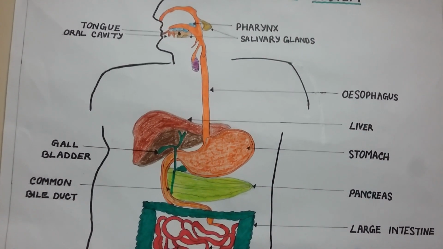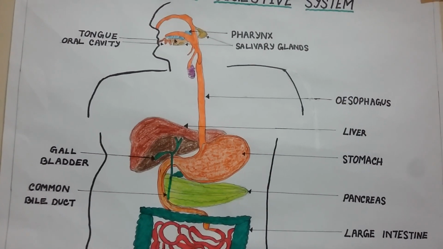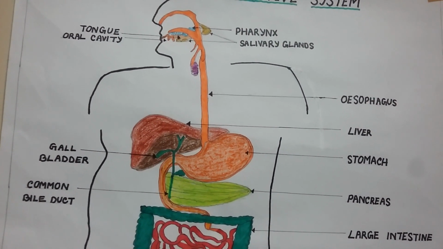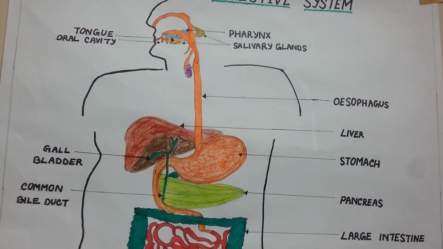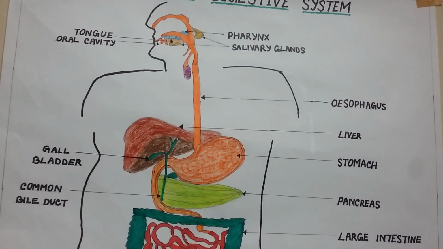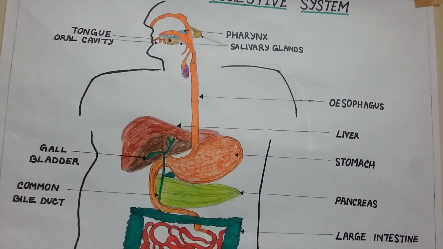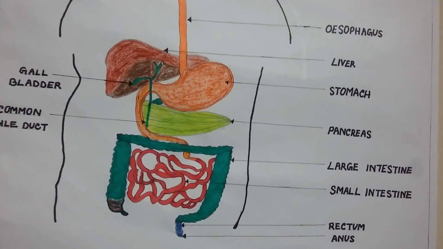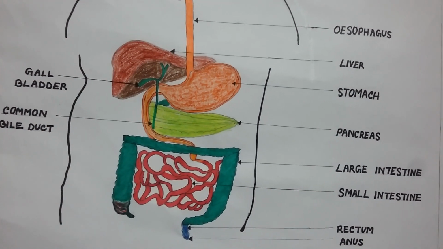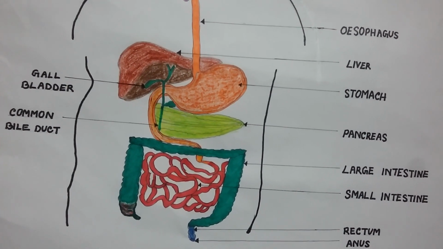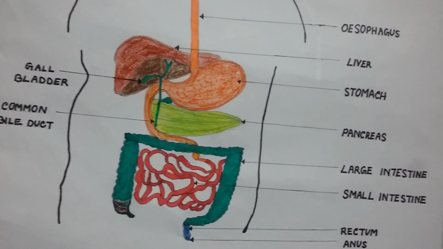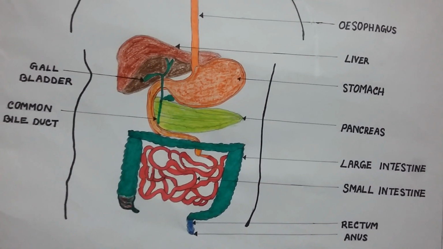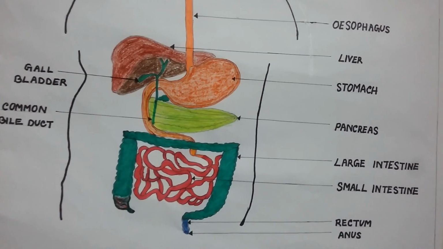Ingestion is the process of taking food into the body. The food is taken into the body through the mouth with the help of the hands. Let's study each part of the human digestive system one by one. Today we will discuss only how digestion takes place in the buccal cavity or oral cavity.